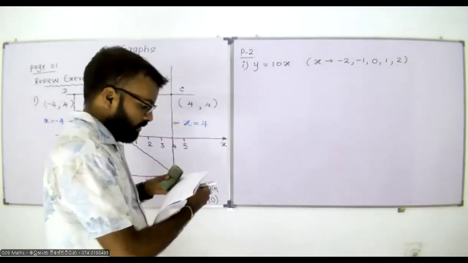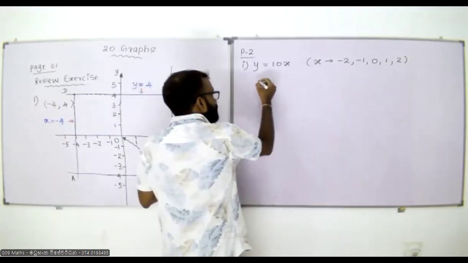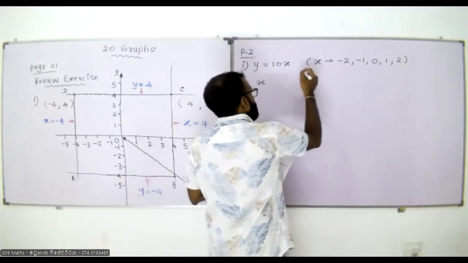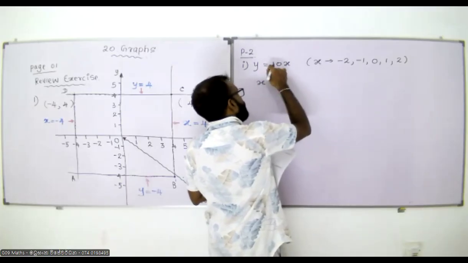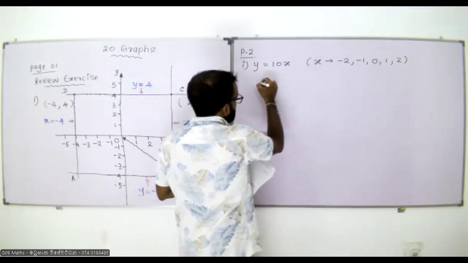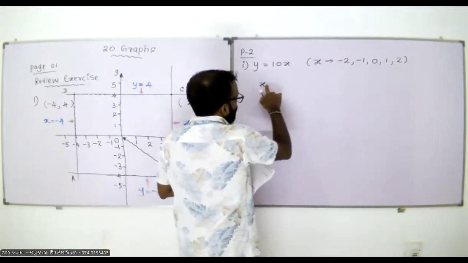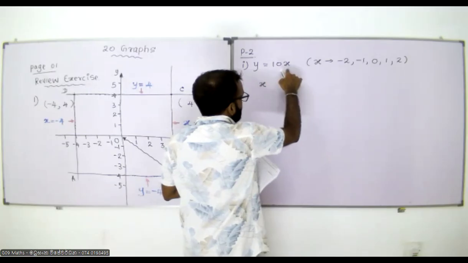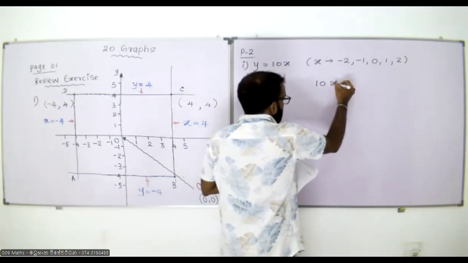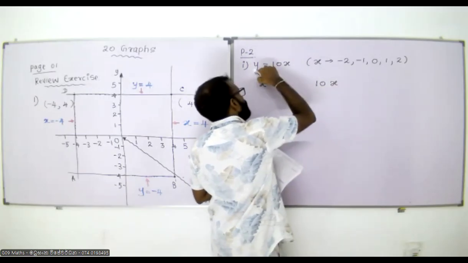Then this is the table. For the first column they have taken the values of x. For the second column, they have taken 10x. This 10x is equal to y.